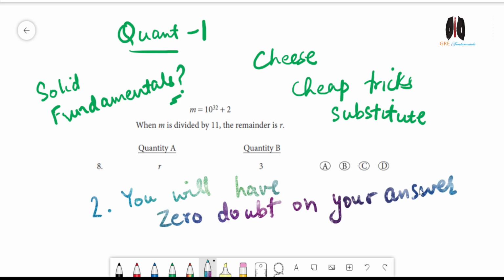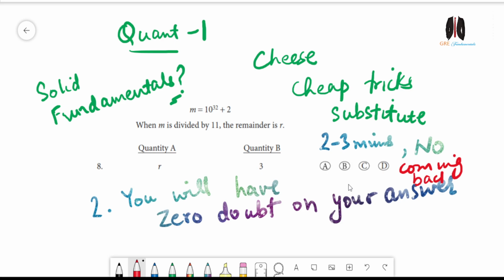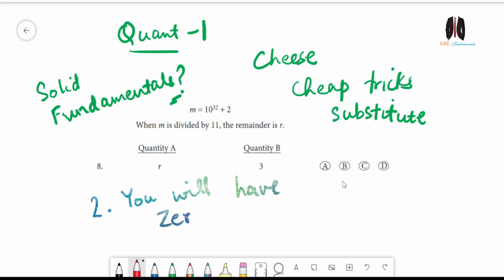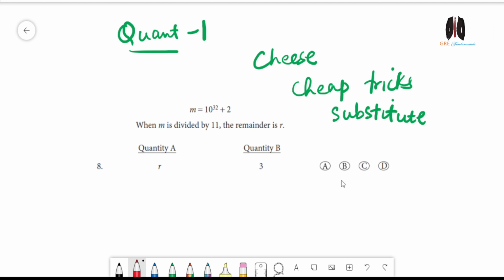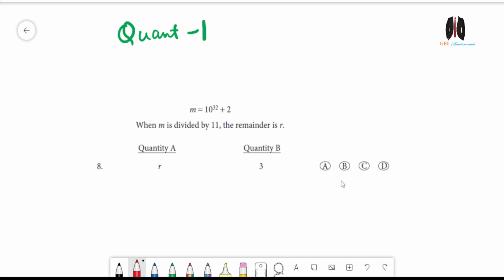That means once you've solved this question, albeit maybe 2 to 3 minutes, you won't have to come back to this question. No coming back. When you don't have to come back to your answers, that means you have saved a lot of time.